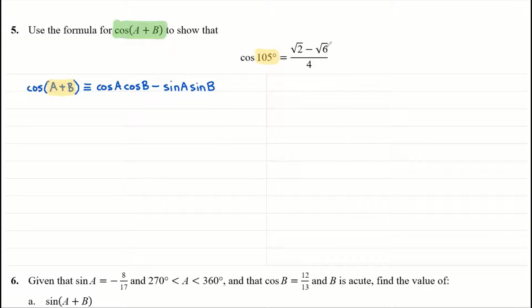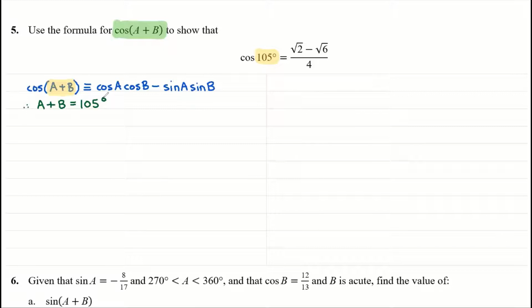Let's write that down. So therefore, A plus B must be equal to 105 degrees. We don't have any more information than that. It's just a case of what are A and B, or what could they be?